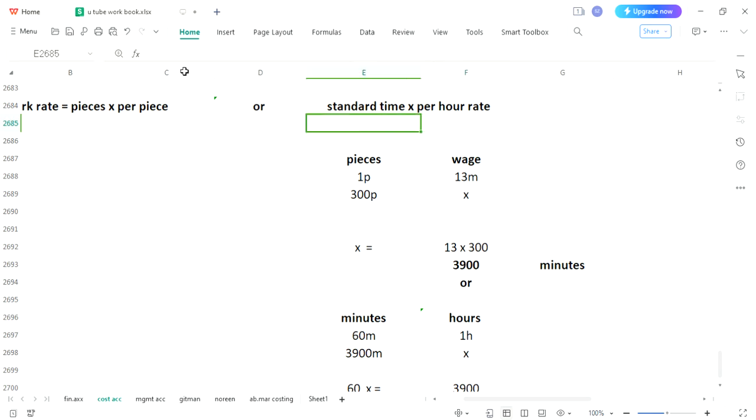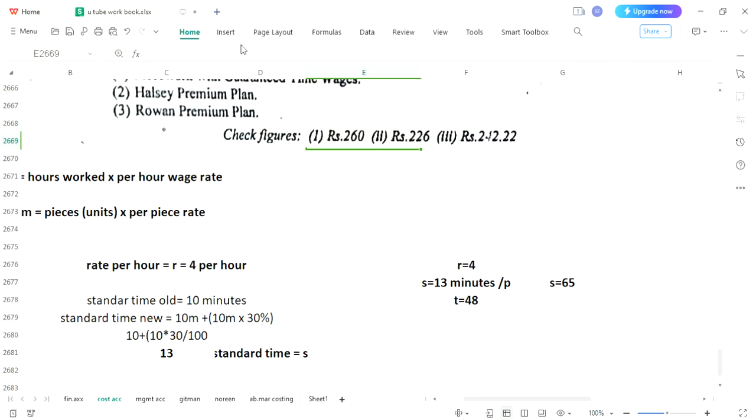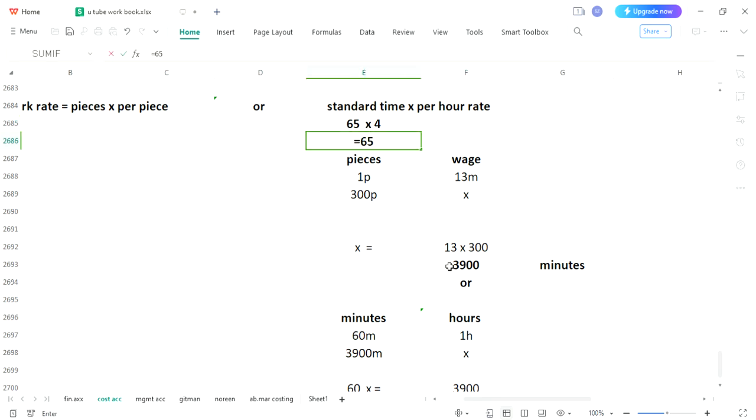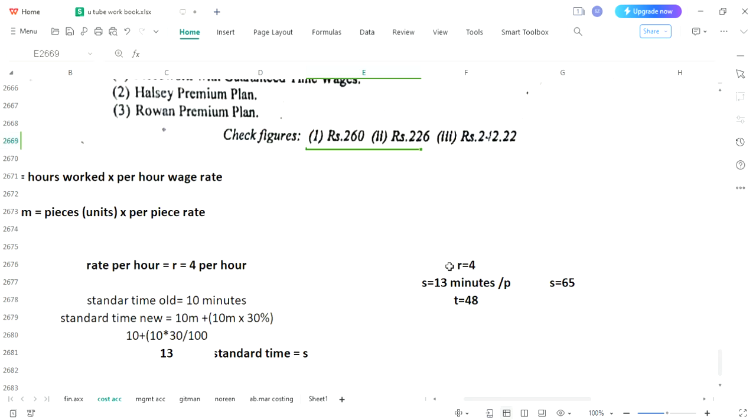So standard time we have calculated 65 and we need to multiply by per hour rate, which was 4. And we have already mentioned over here rate is 4 per hour. So now you can calculate it. We can calculate over here 65 multiplied by 4. So we have got our first answer 260.